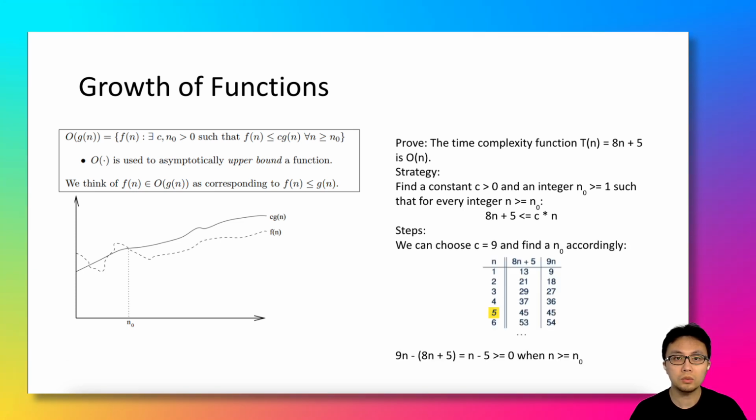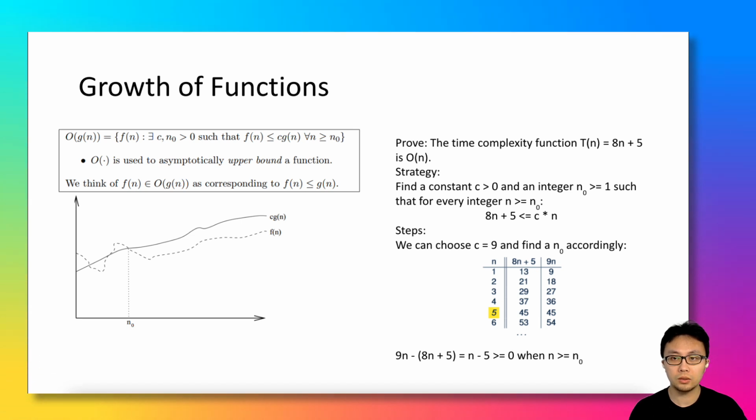For example, we can go with c as 9 and find the n0 accordingly. In this table, I list a few values of n. When n is 5, it will make 8 multiplied by n plus 5 equal to 9 multiplied by n. Any numbers bigger than 5 will make 9 multiplied by n bigger. That said, we can choose n0 as 5 or anything bigger than 5, such as 6 or 7, as listed on the screen.